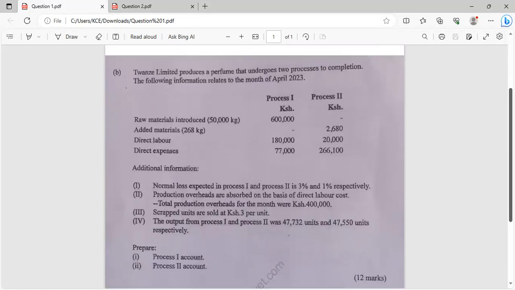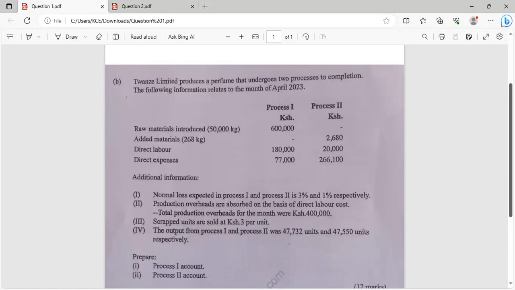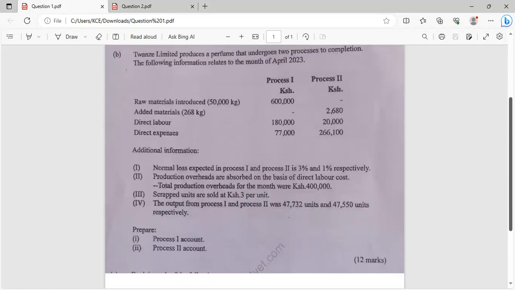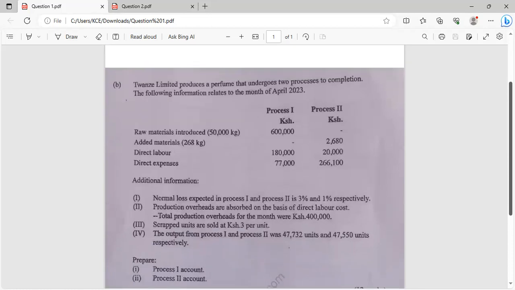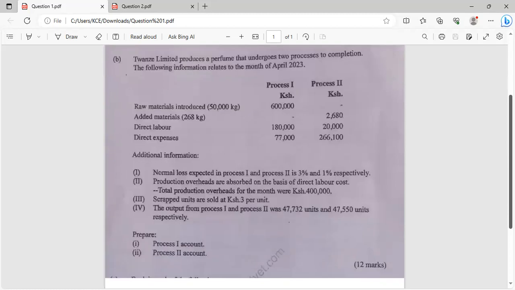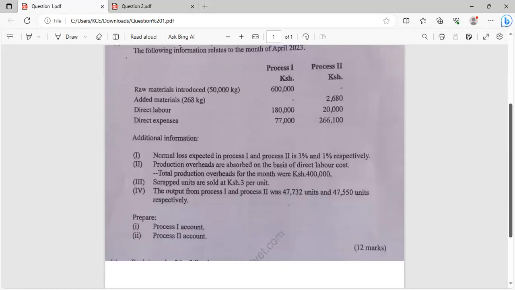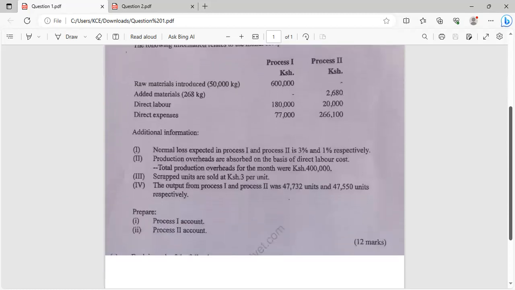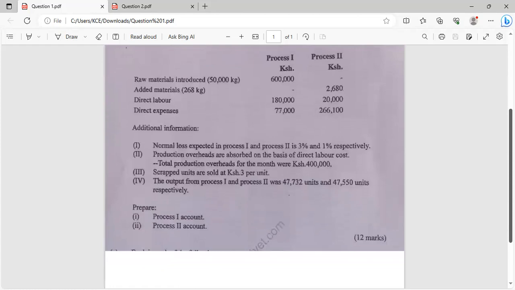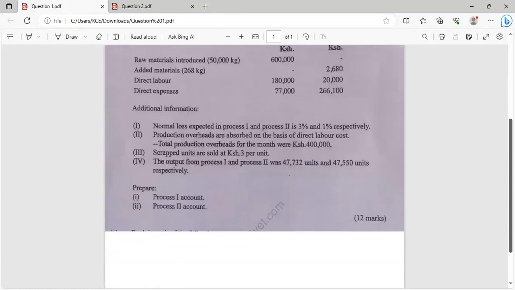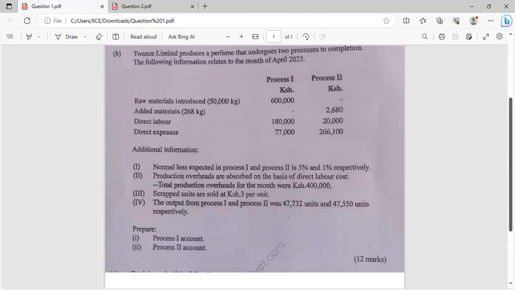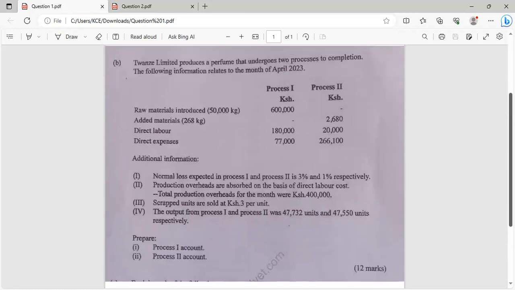So you saw the following information relates to the month of April 2023. So whatever information that you've been given there, they relate to the costs which were incurred for 1 month in respect of the production of this particular perfume. So in process 1, raw materials introduced were 50,000 kg, and the amount is indicated there.